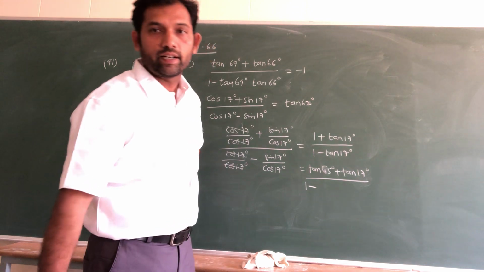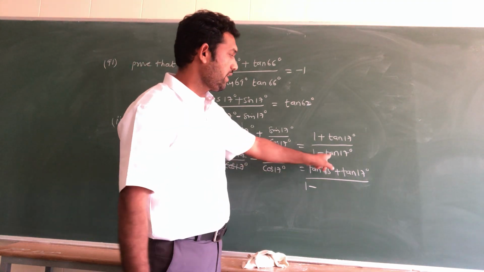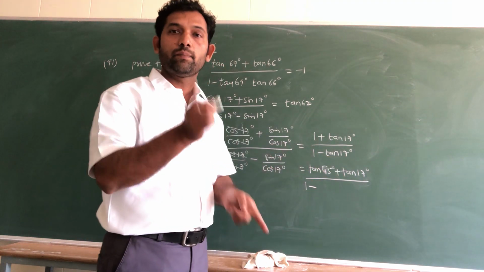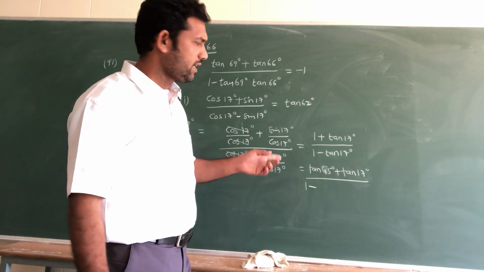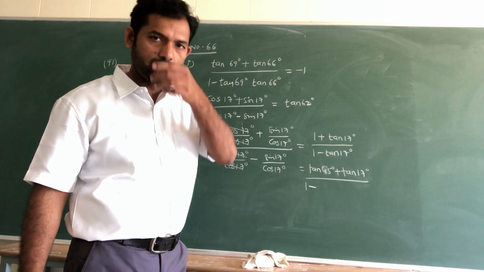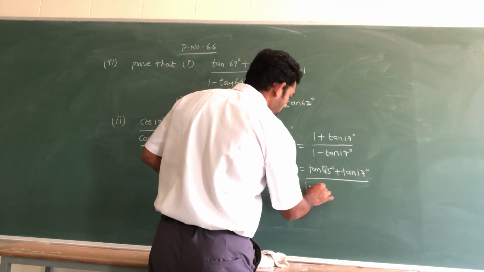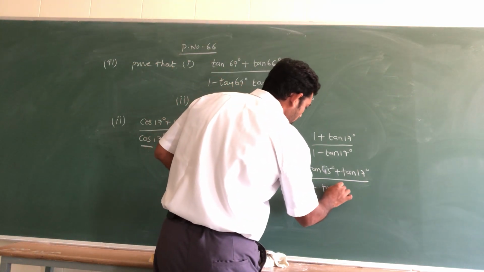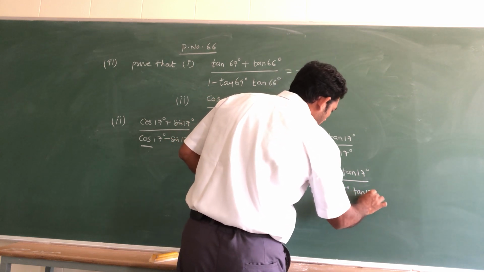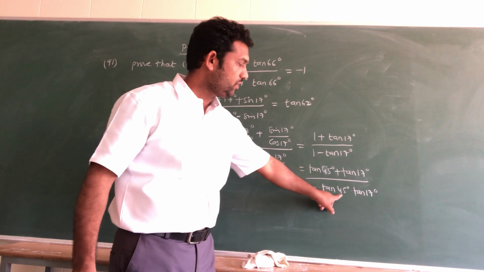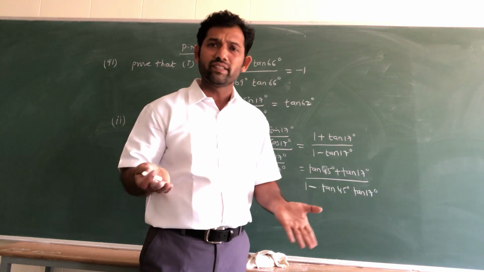This one can be written as it is. So here tan 17 degrees multiplied with 1 means tan 17 degrees only. So tan 17 degrees value multiplied with 1 means same only. For this, 1 can be written here also as tan 45 degrees into tan 17 degrees. So here tan 45 is 1. 1 into this value means same only.